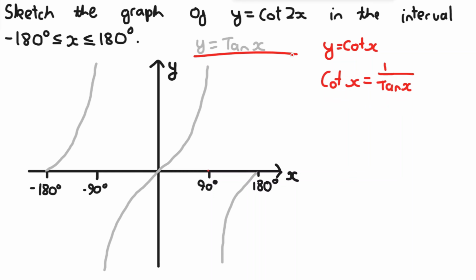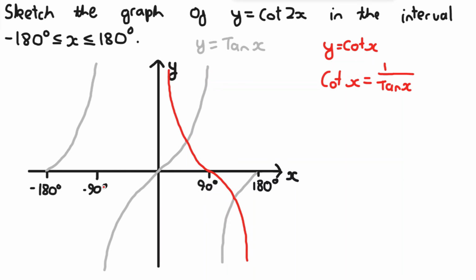So I've quickly drawn a tan graph like this, and then the cot graph is going to start from 90 like this and then come up to here, and then it's going to come down to here, and then keep going down like this. Remember, it's sort of reflected in the line of y is equal to 1 and y is equal to minus 1 here.